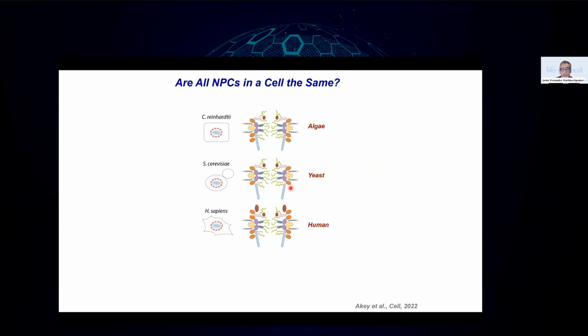For example, in yeast, it was described that there are single outer rings. In an alga, we see a single outer ring on the cytoplasmic side and a double outer ring on the nuclear side, while in vertebrates, in humans, we have double rings on both sides of the NPC. So there's an architectural diversity between organisms, but it was normally accepted that within the same cell, all the NPCs were probably very similar.